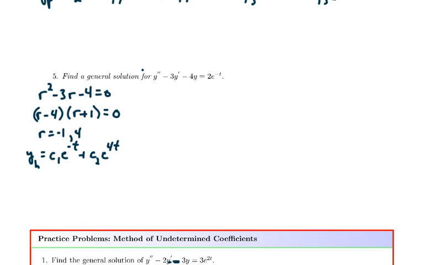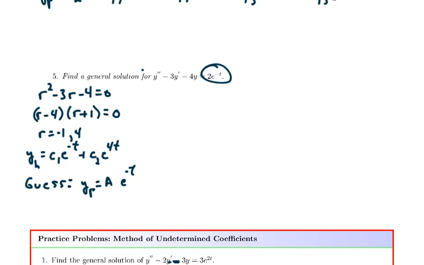Now we need a particular solution. So we might guess that the particular is going to be of the form a e to the negative t, because our non-homogeneous part is 2e to the negative t.